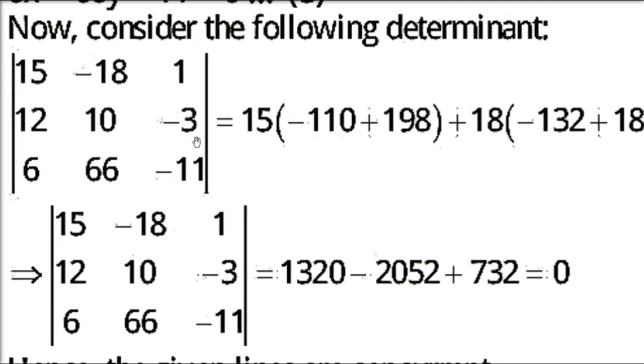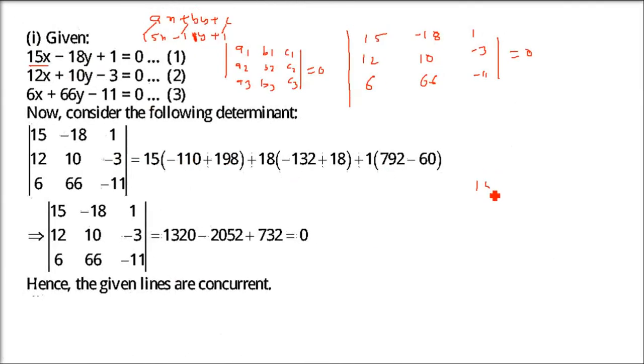So when we take 15, I'll just tell you how. If you take 15, then leave that row and column, take the other members: 10, 66, minus 3 and minus 11. Then 15, that is inside this 10 into 11 minus 110 and 66 into minus 3, minus plus becomes plus, so 198.